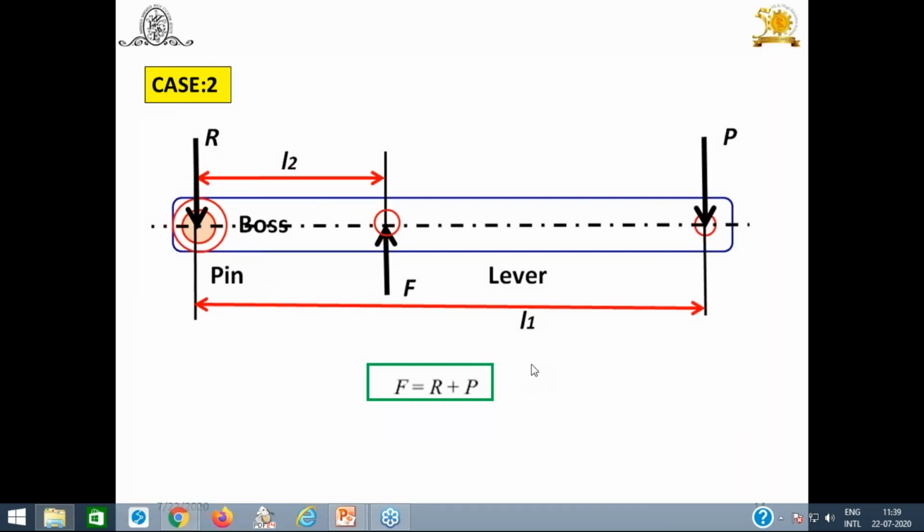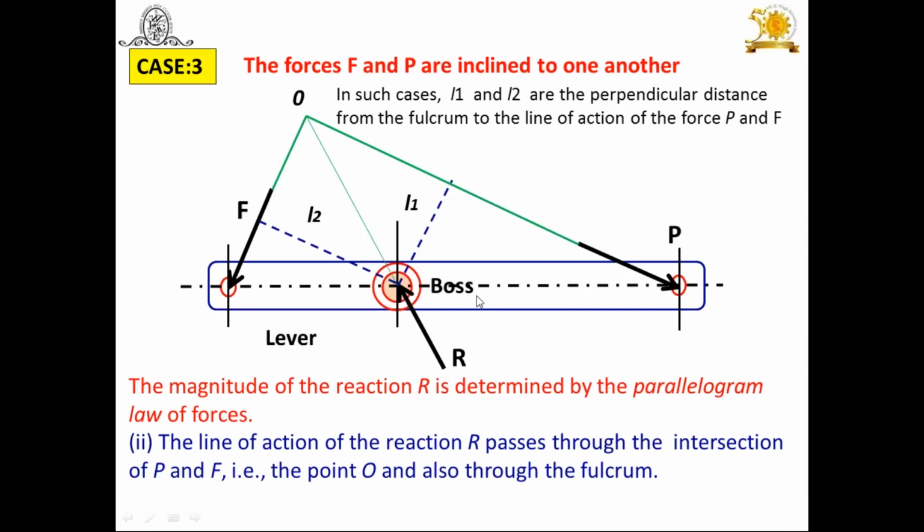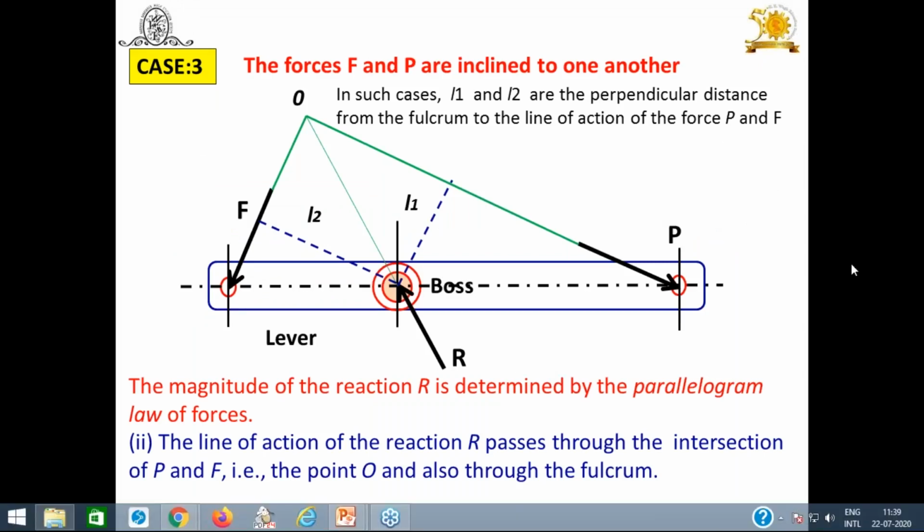But here the interesting thing, in actual practice, these forces are not parallel to each other, but these forces are inclined to one another. Try to understand. That's why case number 3, the general case. Look at the case here. This is the lever, this part is the pivot, this part is the output force part, or you can say the load part, and this is the effort P. Now in earlier case 1 and case 2, you will find this effort P and the force are parallel to each other.